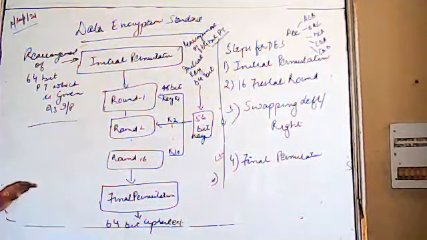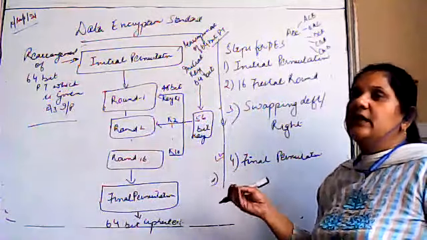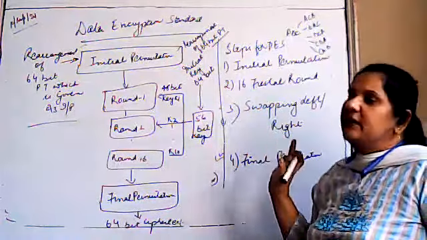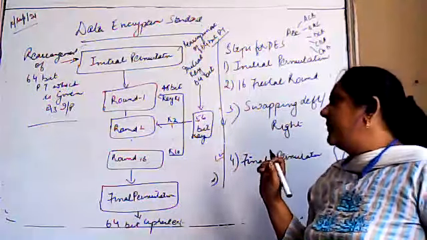Its corresponding binary form will be given as the input. First of all, you will take the plain text, then its corresponding binary form will be given as the input for the initial permutation.